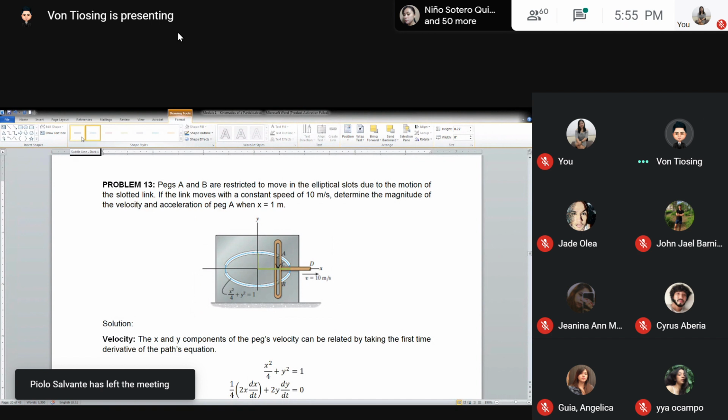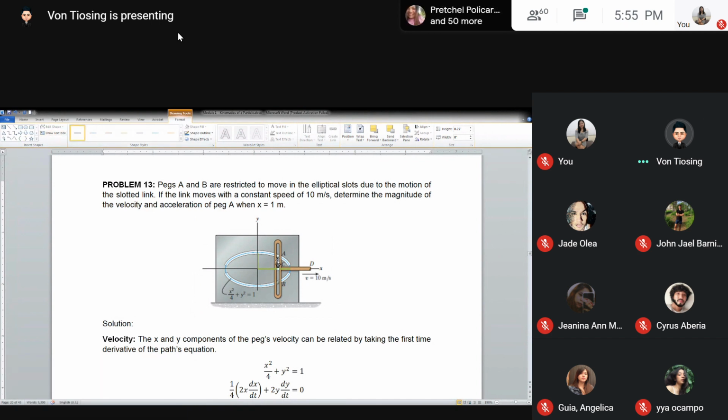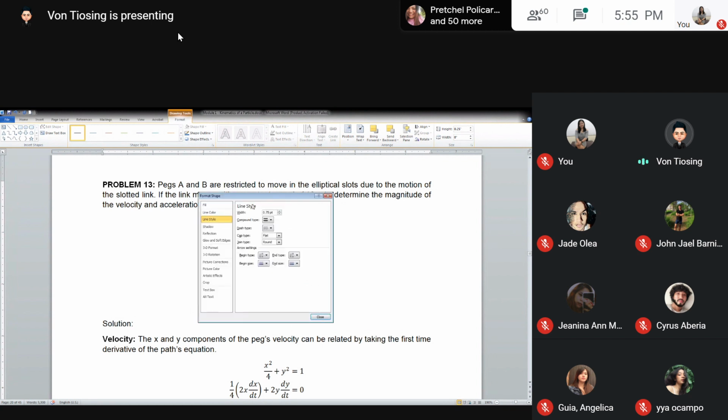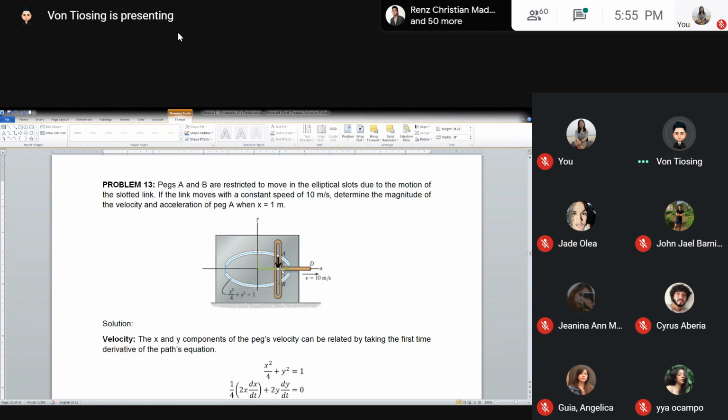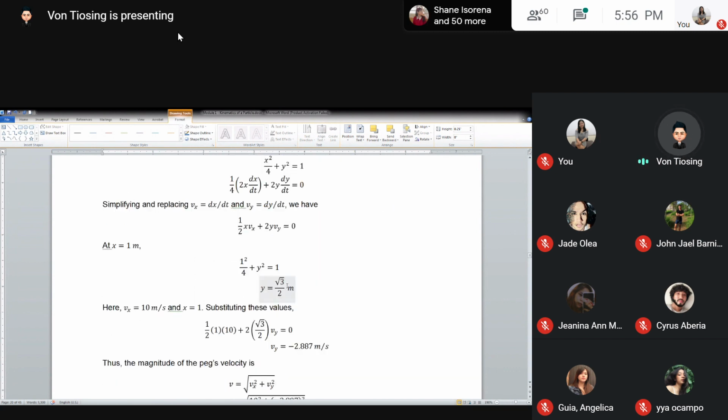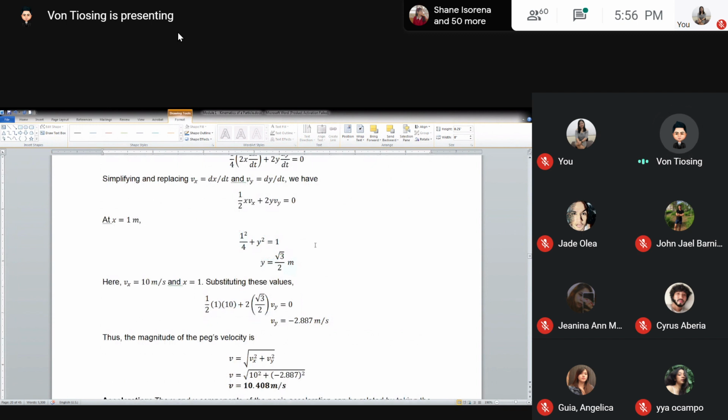Para makita ninyo, ito siya. Doon sa peg A, pababa yung component ng Vy natin. Ibig sabihin, yung movement niya is towards the longitudinal axis. Pag lumapit siya roon, pababa pa rin yon. So, evident naman.